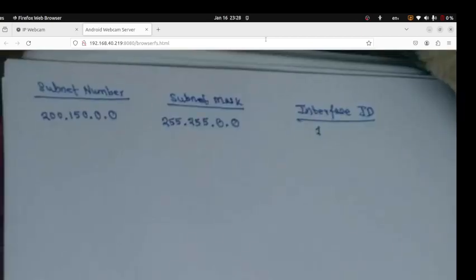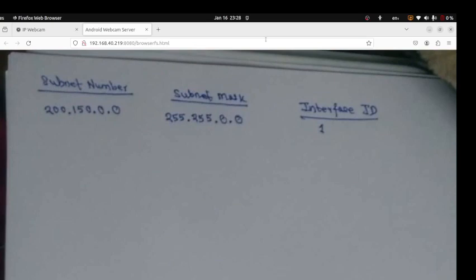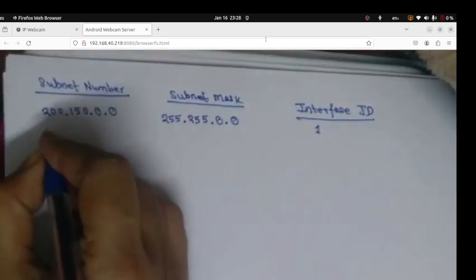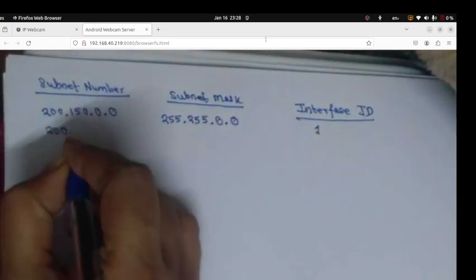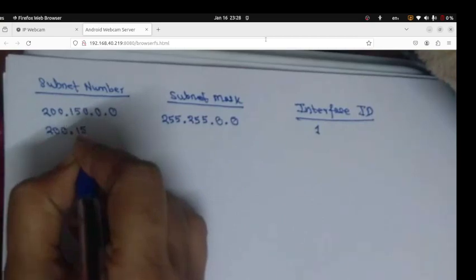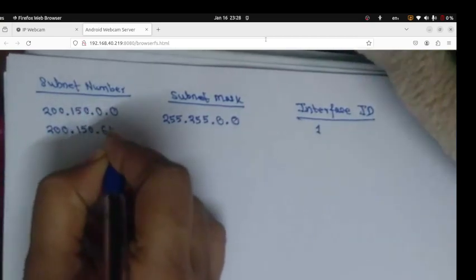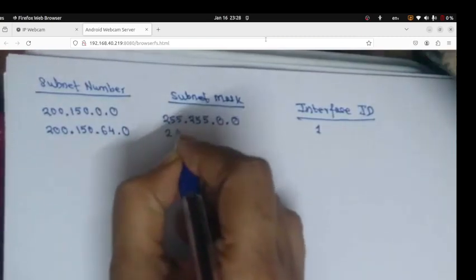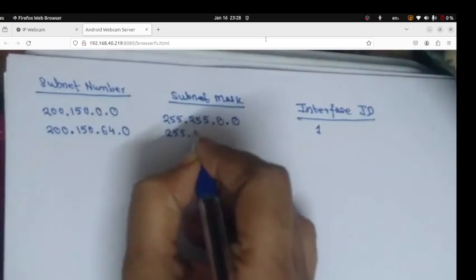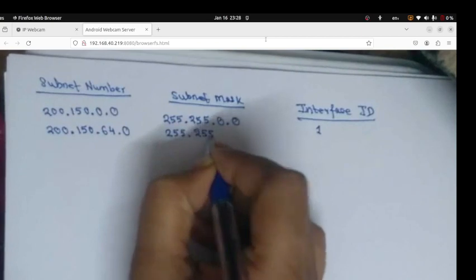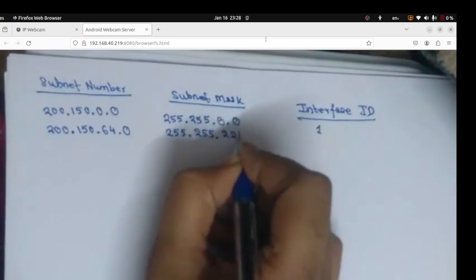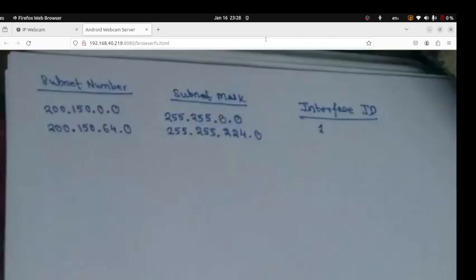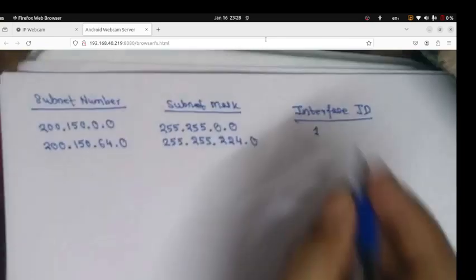Now the second row: the subnet number is 200.150.64.0, the subnet mask is 255.255.224.0, and the interface ID is 2.